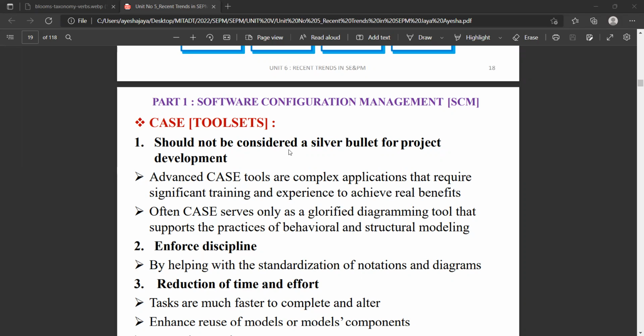You require training for those complex applications. That is why CASE has become very, very important and a part of an interdisciplinary approach, because it not only glorifies your diagramming tool, but supports the practice of behavioral and structural modeling.